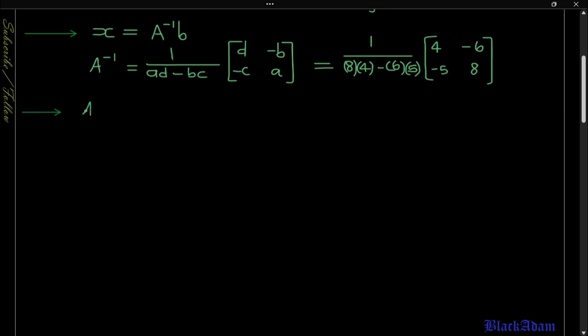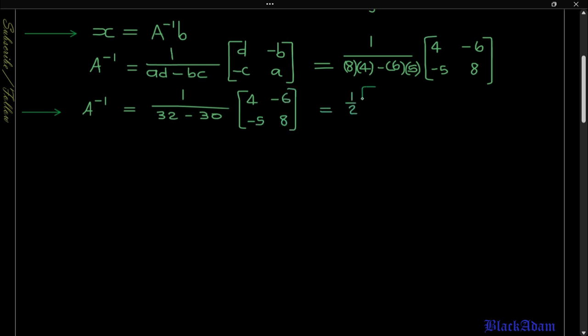Alright, and then from there we simplify, so that will be 1 over 8 times 4 is 32, minus 6 times 5 is 30, all over the matrix 4, -6, -5, and 8.